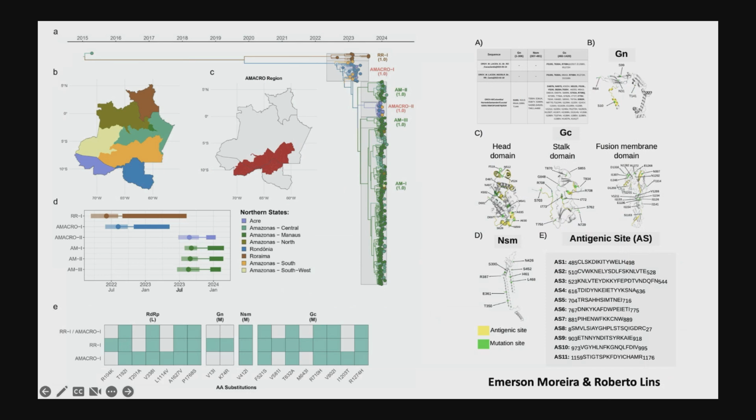Also, using this sequencing approach, we are able to identify mutations occurring on the surface proteins of this virus, which attach to the host cell so the virus can enter these cells. So we can also use this information to see how the virus is evolving in those important antigenic sites of this virus.